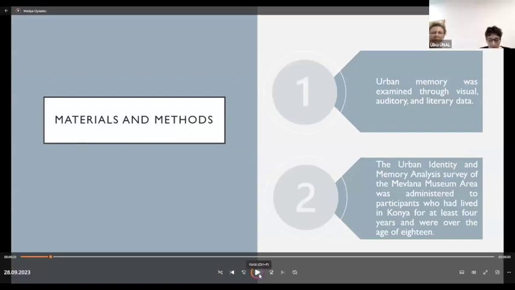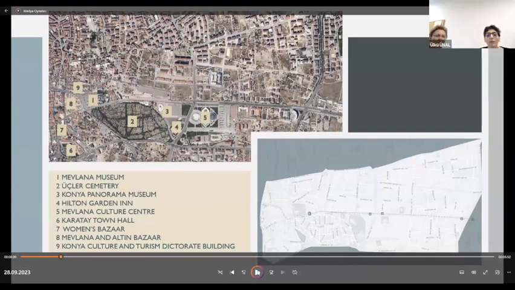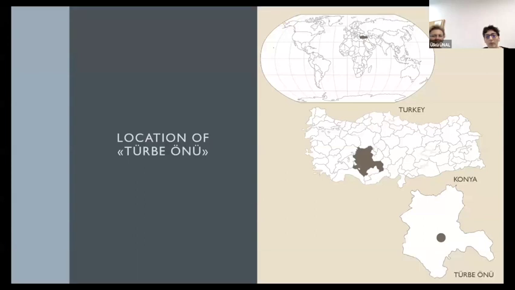The Urban Identity and Memory Analysis survey of Mevlana Museum area was administered to participants. You can see the maps of the area and the location of Türbe Önü.